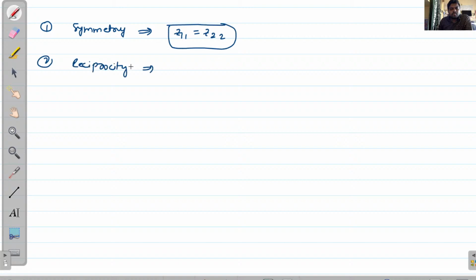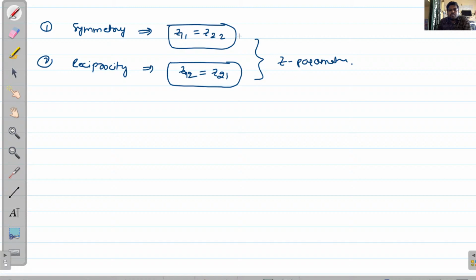For reciprocity, if Z12 equals Z21, then it is called a reciprocal network, which follows the reciprocity condition. These are the conditions for Z parameters.